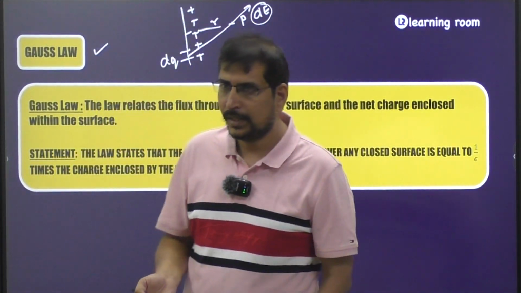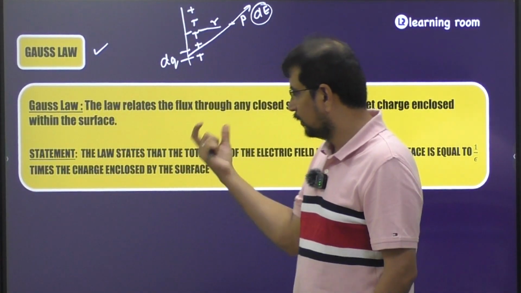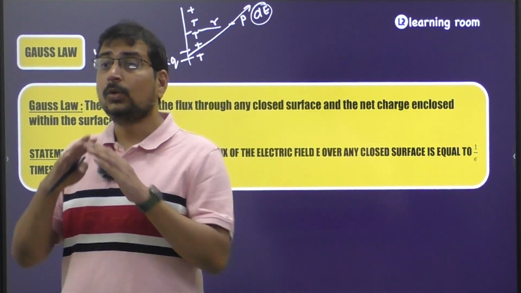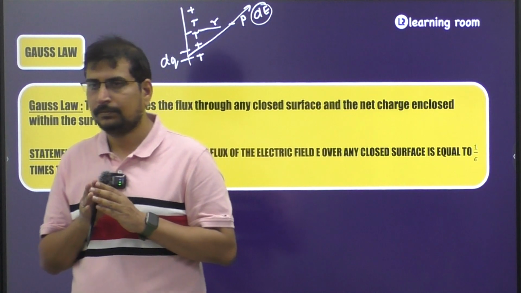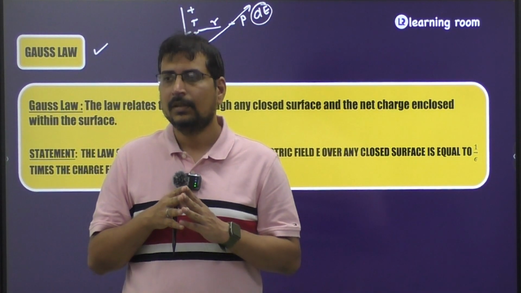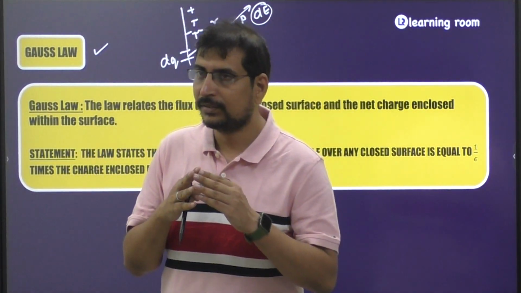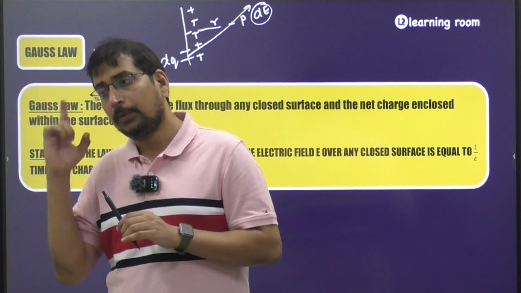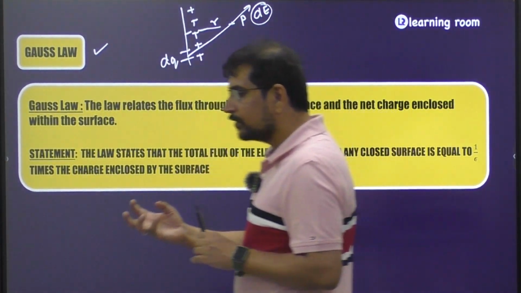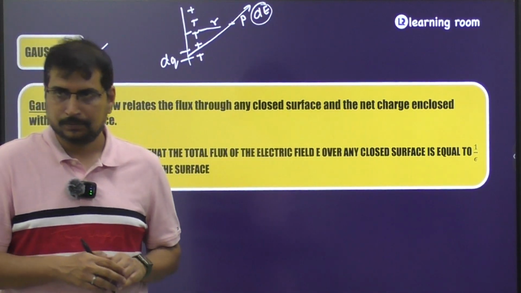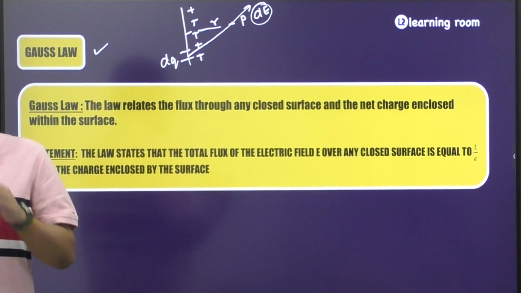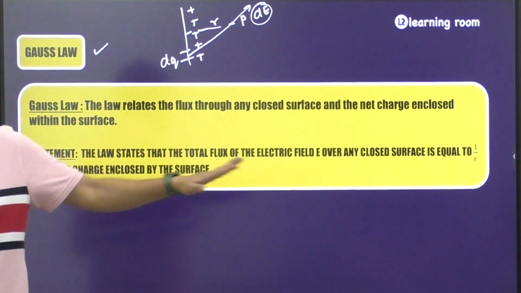Gauss law is a law which relates two important concepts. One is the total electric flux. In the previous class I discussed flux, no? Flux is the total number of field lines that are passing through a given area perpendicular to it. So if I know the flux generated due to a charge distribution, and I know the total charge present within the closed surface, if I am able to relate these two concepts, then I can apply Gauss law.